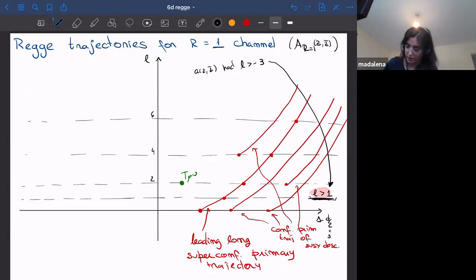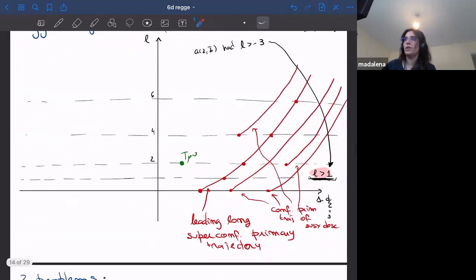So I should be looking only at things above this dashed line here. And now there are also short trajectories that are not subleading with respect to the longs in this channel, so I did not draw them. This is a very simplified picture. I just drew this particular guy, that is a stress tensor, it sits here with a very low dimension.